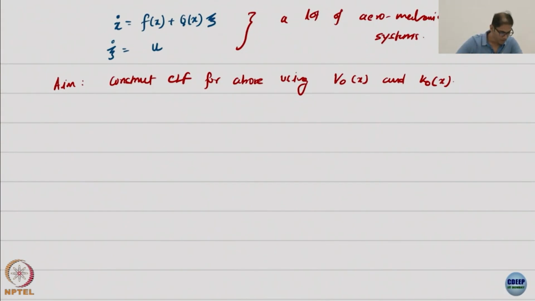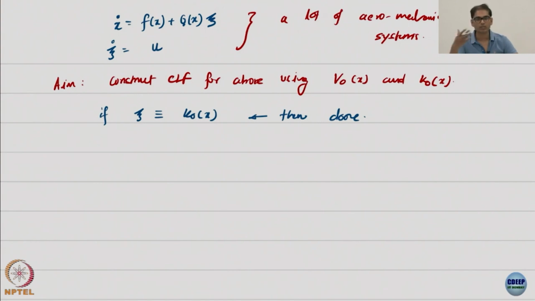Now, the simple logic here: I earlier had this, if I could ensure that this quantity psi was K0(x), then I have my original system which is already asymptotically stable, and I am in good shape. Basically, if psi is identically equal to K0(x), then done, because this is a stable system now.